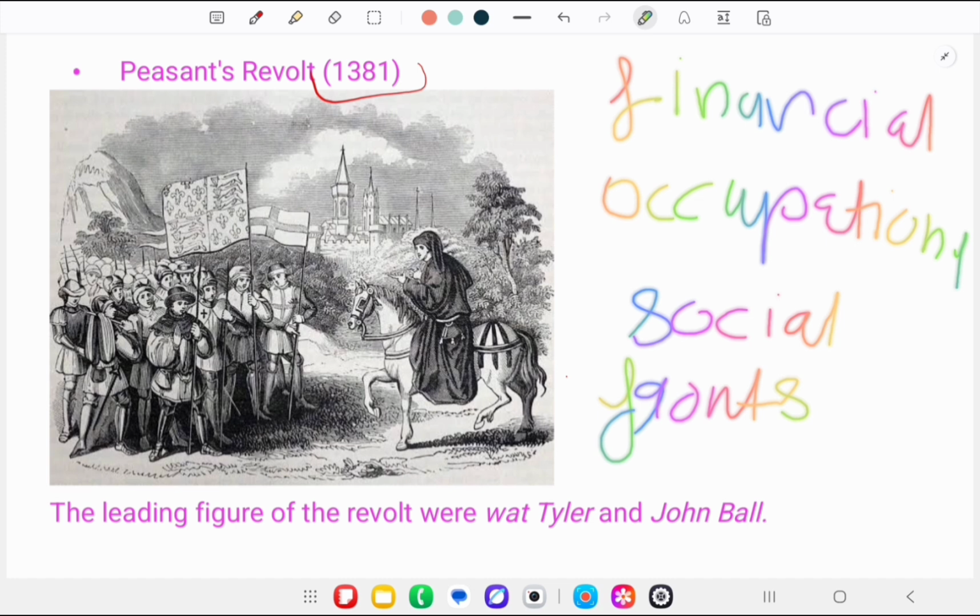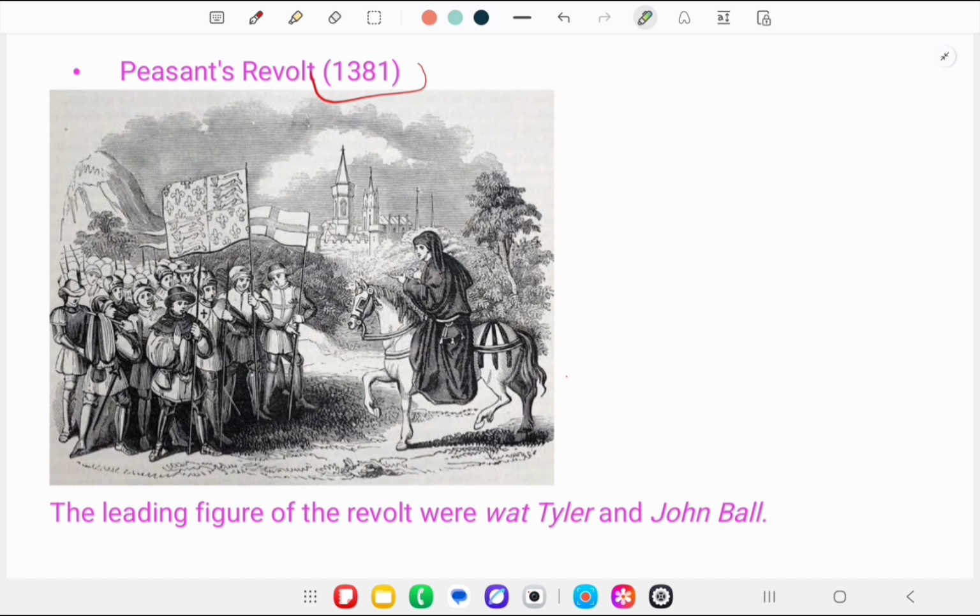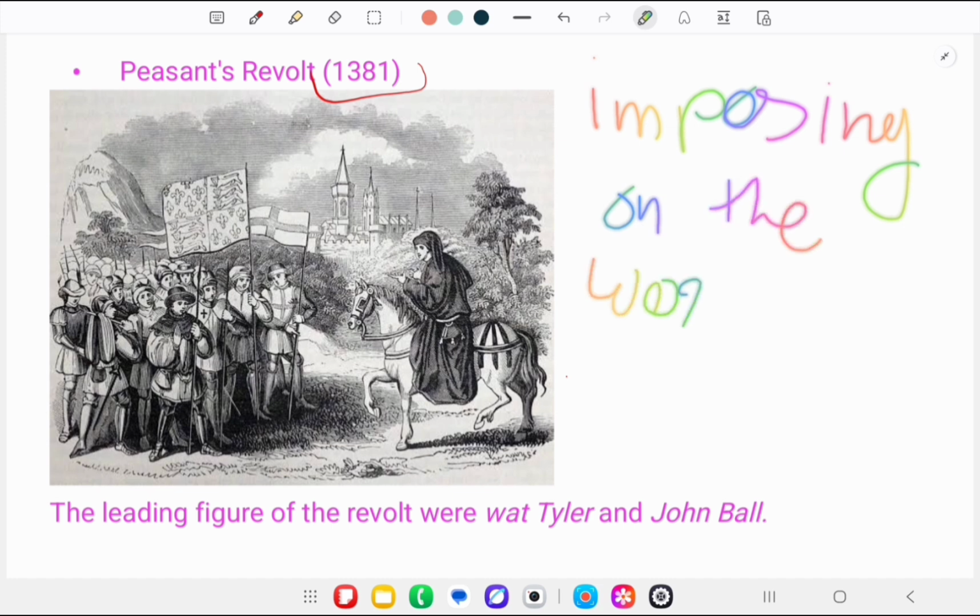The peasants and commoners rose against their feudal overlords and openly opposed the injustice they were imposing on the working class.